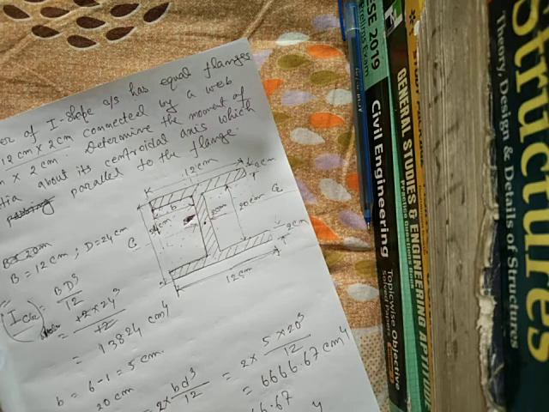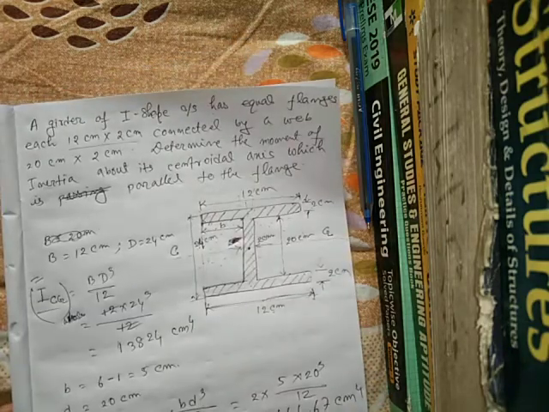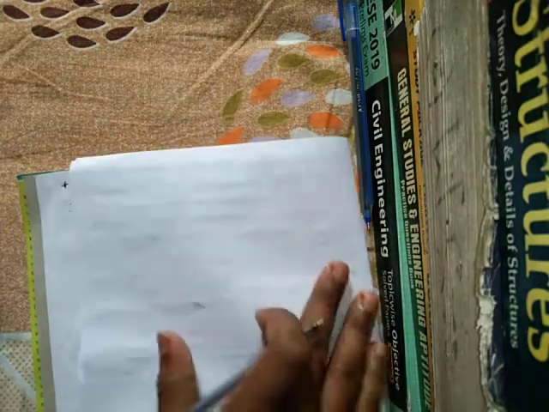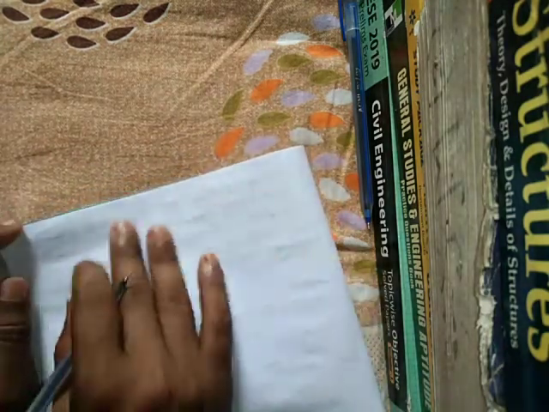Now go to the next problem for a different section. Let me try another section to find the moment of inertia of a T section. This is the last problem of this chapter, and I will close the chapter after completing this problem.